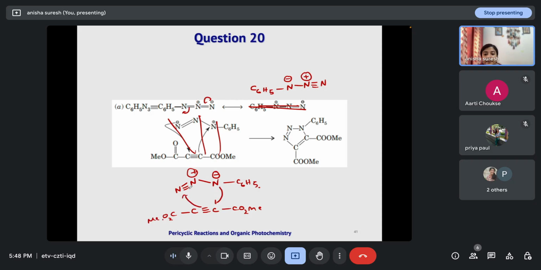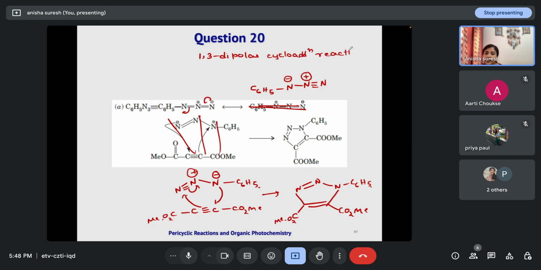So the attack will be taking place in this fashion, resulting in the formation of the triazole, CO2Me. Clear? So this is an example of 1,3 dipolar cycloaddition reaction. Is this clear?